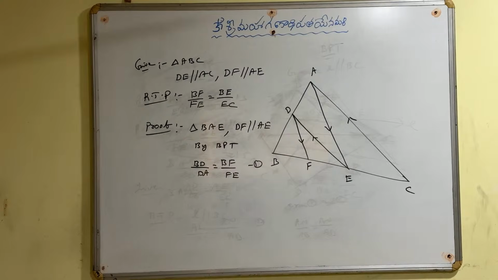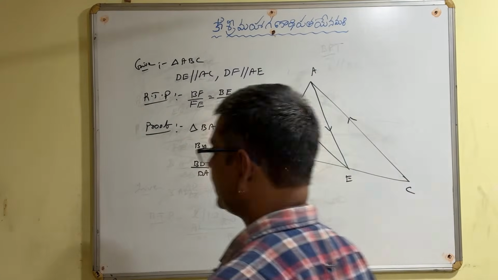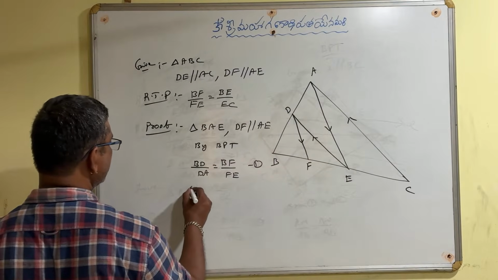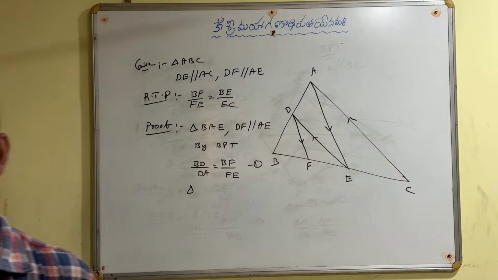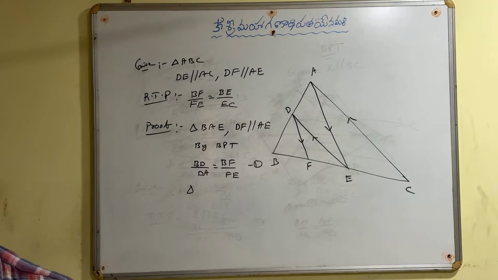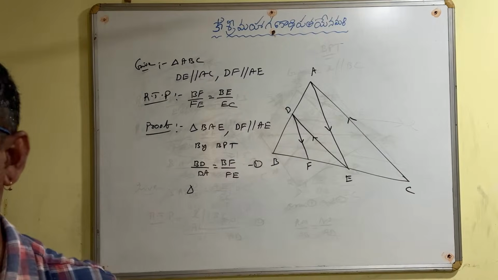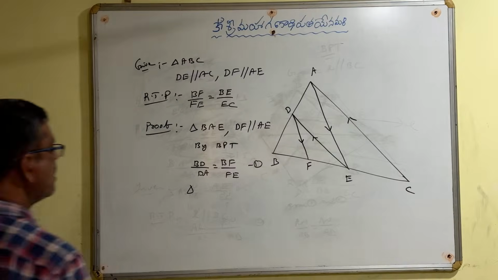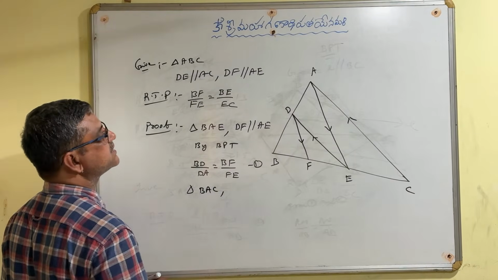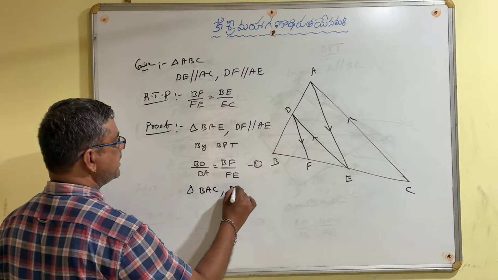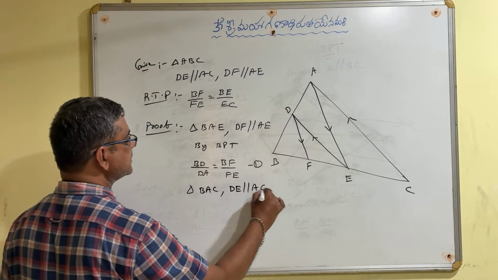Now what is the second triangle that should be considered? BAC, very good. In triangle BAC, DE is parallel to AC. Is that right?